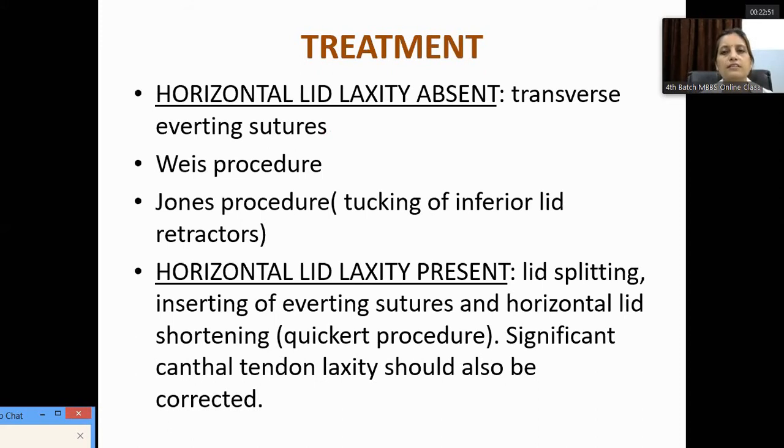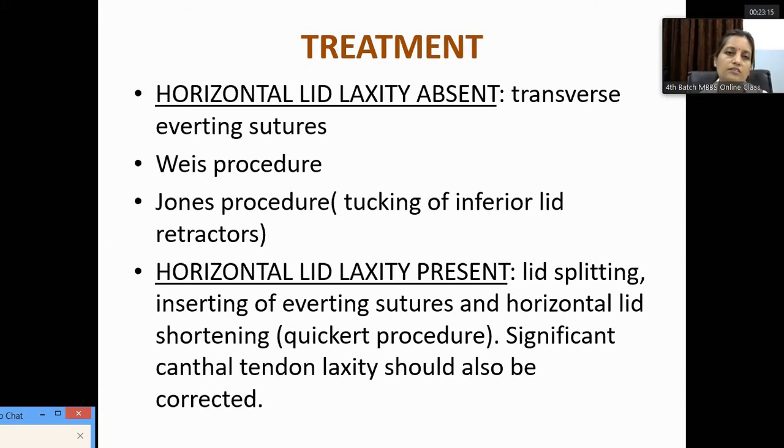So horizontal lid shortening, transverse everting sutures, Wies procedure, and Jones procedure. So there are some surgical names given. So in case of seeing the pathology, we do the surgical treatment. So Wies procedure, Jones procedure.